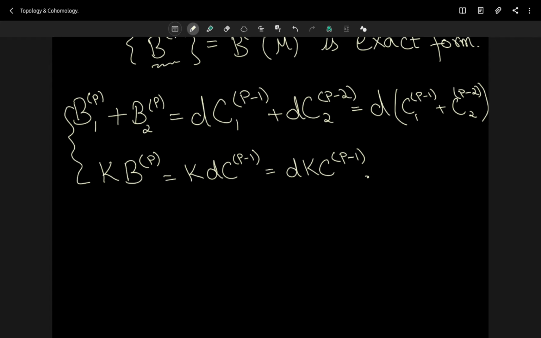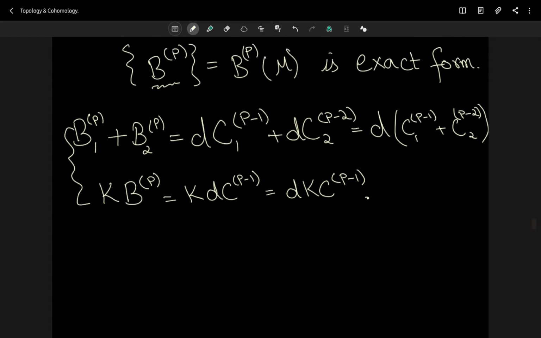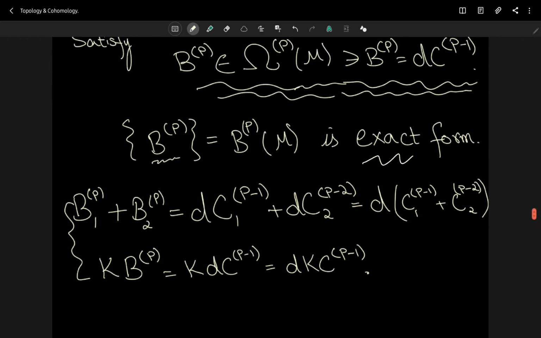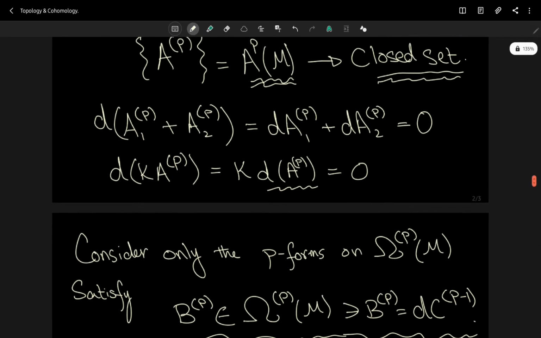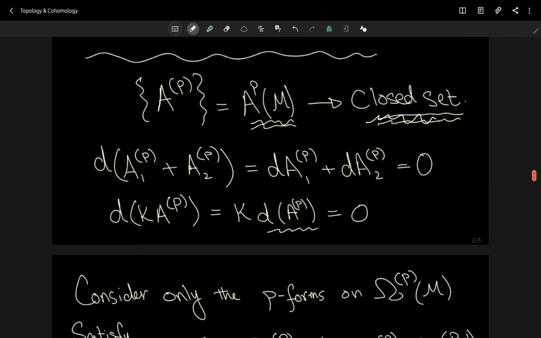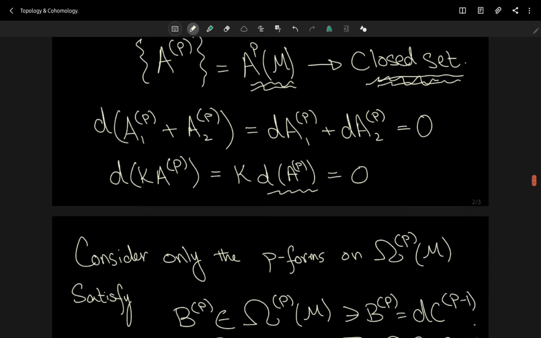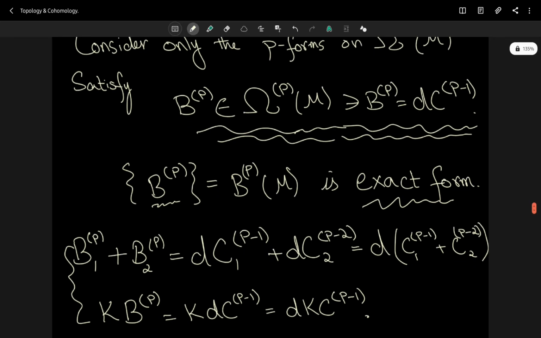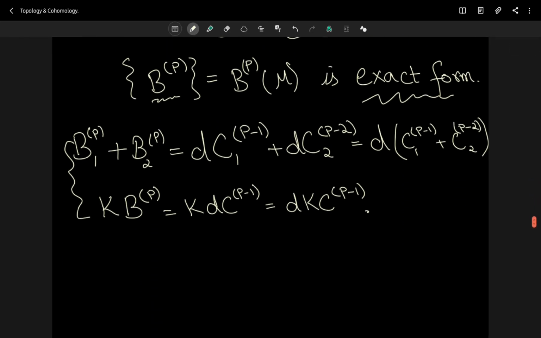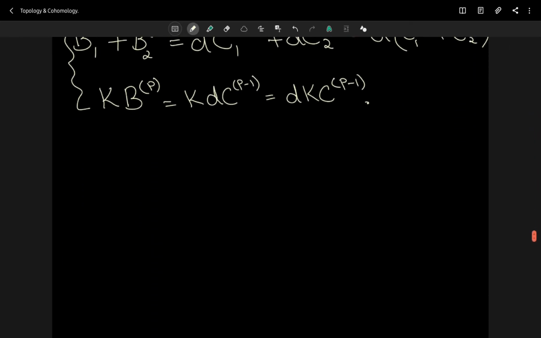Well, now we have defined an exact form, and we have also defined a closed form, right? So now you might be tempted to ask if there is any overlap between these two sets of forms, that is this one and this one.